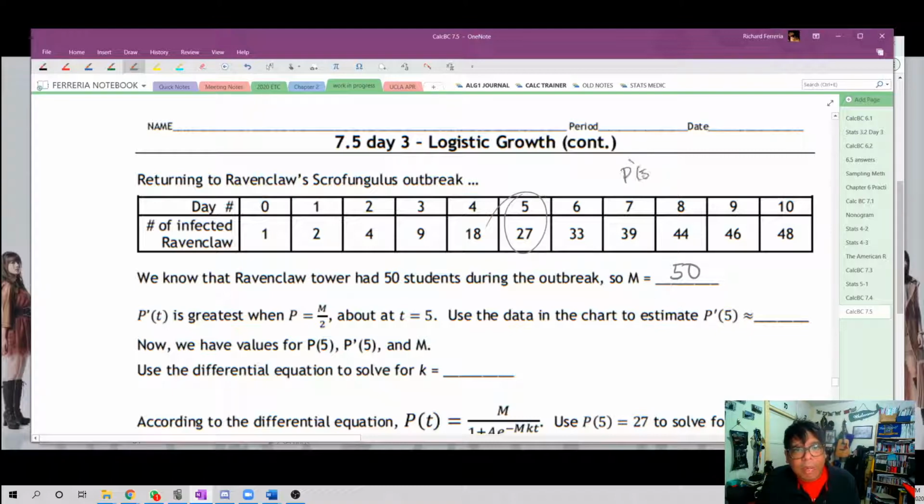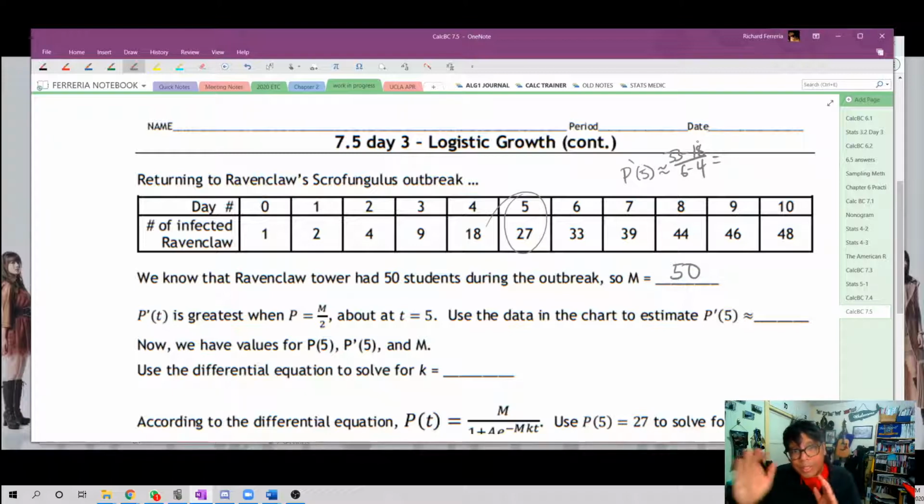So p prime of 5 is about equal to, and I'm going to use a difference here, 33 minus 18 over 6 minus 4. So that's just the secant line slope here.